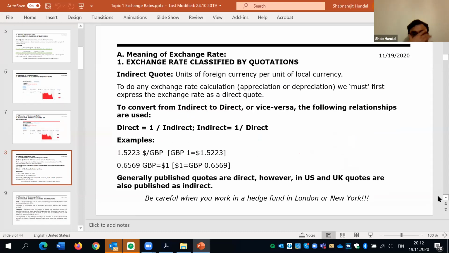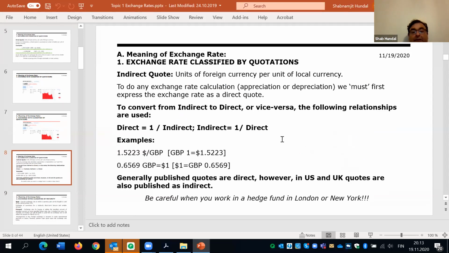Here, the same example is continuing. I can give you one example: the direct quote is equal to 1 divided by the indirect quote, and the indirect quote is equal to 1 divided by the direct quote. I think I showed you one example when I assumed you're in Amsterdam.